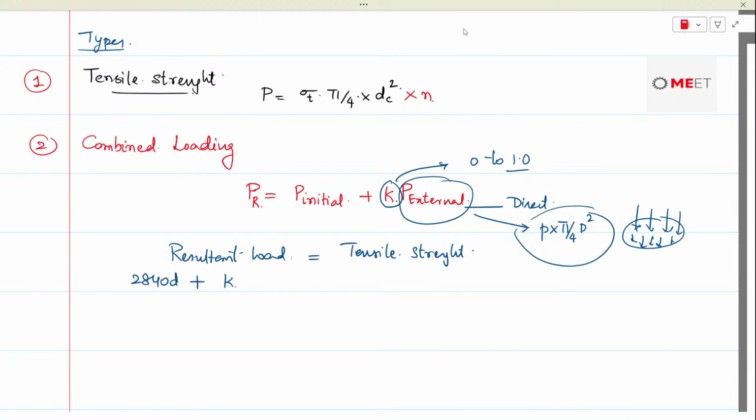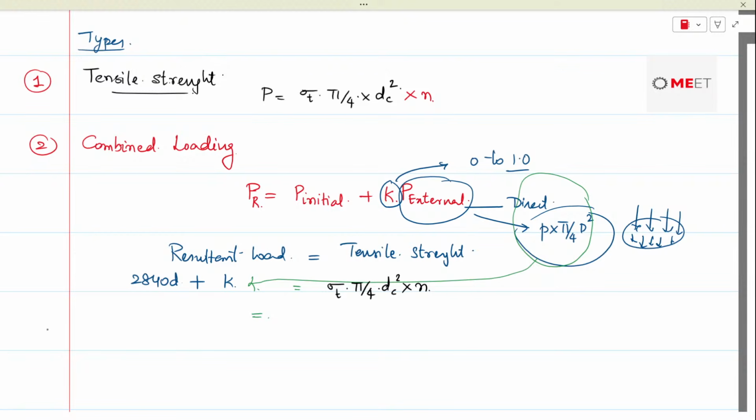Either of these two possibilities has to be reflected here. And again, this is equated to tensile strength, that is sigma t into pi by 4 times dc square into n. So these are the two kinds of problems from where you can expect the question.